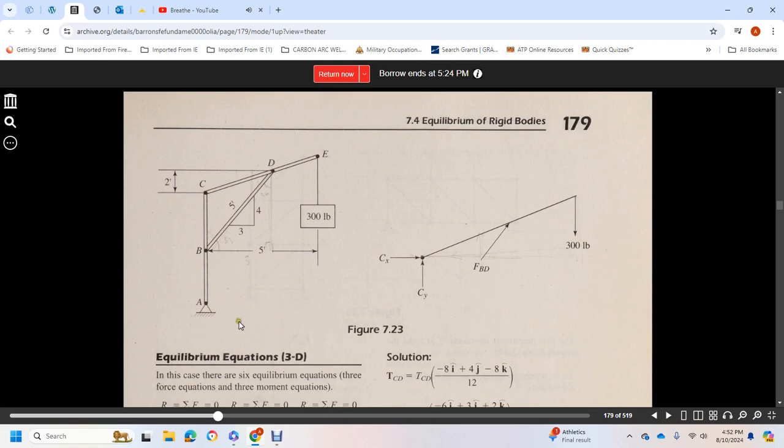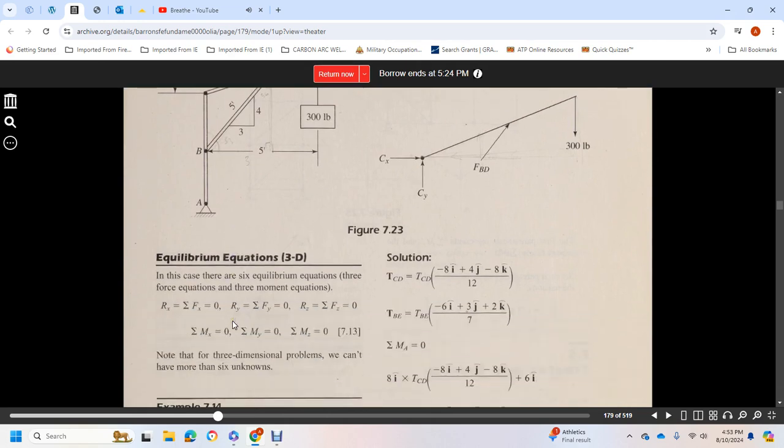Figure 7-23, equilibrium equations. In this case there are 6 equilibrium equations: 3 force equations and 3 moment equations. The resultant Rx is equal to the summation of force x equals 0. The resultant of y is equal to the summation of force y equals 0. The resultant z is equal to the summation of force z equals 0. The summation of moment x is equal to 0, the summation of moment y is equal to 0, and Mz is equal to 0.